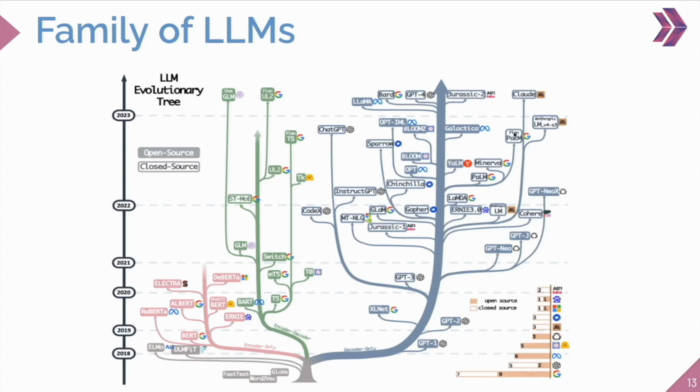Firstly, year by year, more advanced large language models are available. And secondly, some of them are open source and some are not. Another important point is these models are developed by giant technology companies such as Google, Meta, Microsoft, OpenAI.